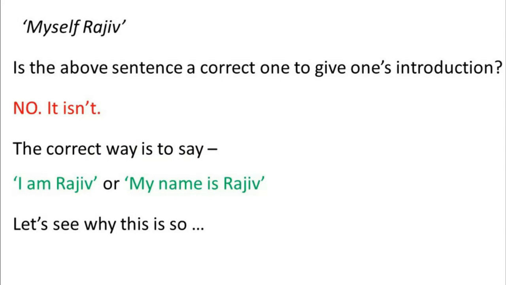Do you think that it is correct? No, not at all. It isn't. The correct way to introduce yourself would be to say, I am Rajiv, or more formally, my name is Rajiv.